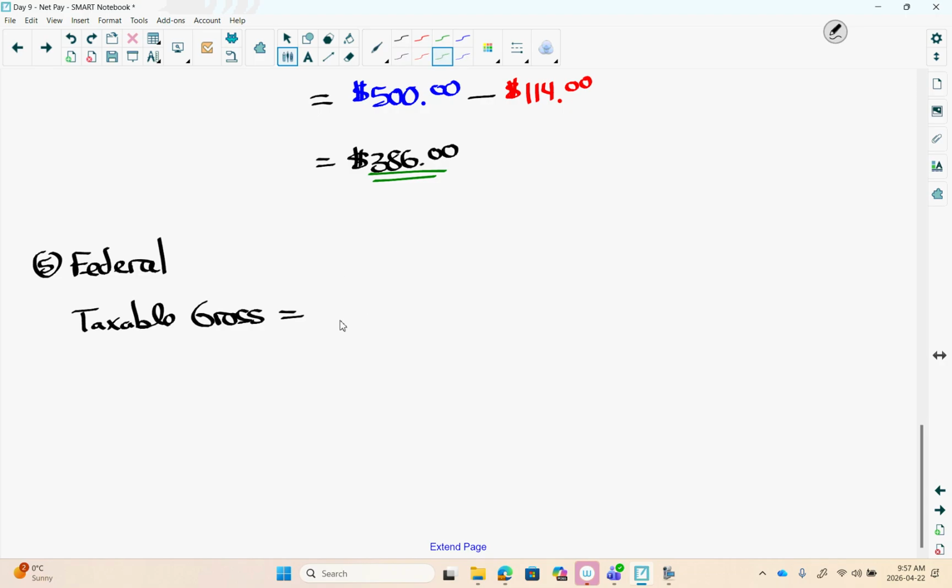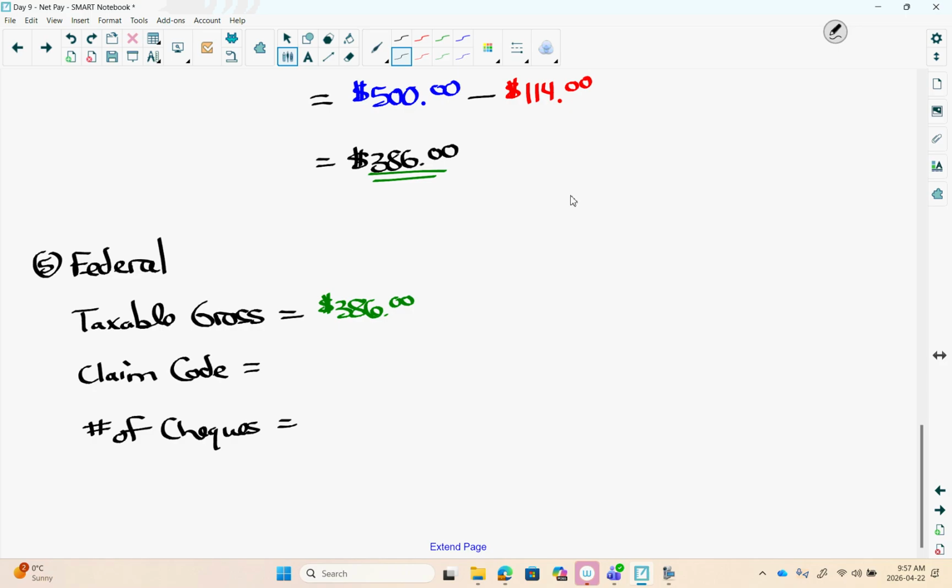That's what we just found in step 4. $386. I need to know my claim code. We haven't discussed that yet, but we talked about them yesterday. And I need to know the number of checks I am receiving. How often did this person get paid? Every week, and they were getting 52 checks.